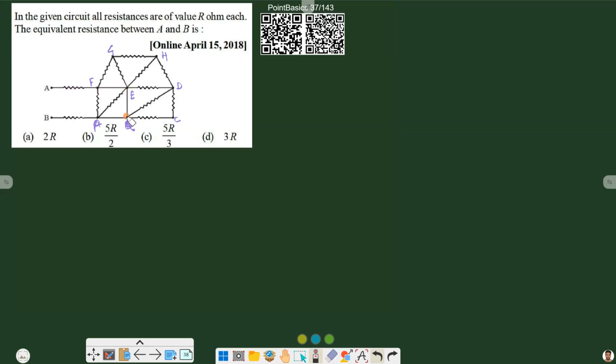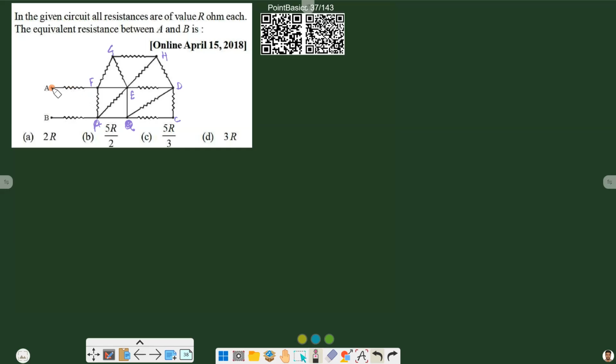Between E and Q, this is again a wire. And between Q and P, this is again a wire. As we know, when current flows, it takes the path of least resistance.